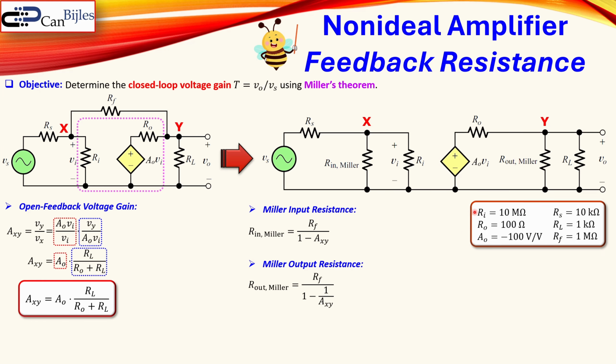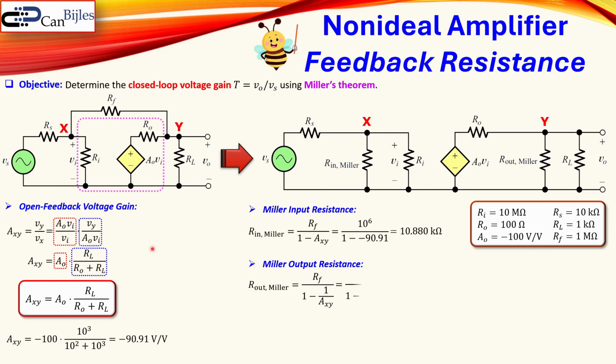Okay, let's now use some numbers to get a better understanding of the situation. We have the following values for our model of the voltage amplifier: RI, RO and A0. And this is the source resistance, load and the feedback resistance given. If you substitute these values, you get for our open feedback voltage gain the value of minus 90.91. Using that we can now calculate the R in Miller, and that results in 10.88 kilo ohms.